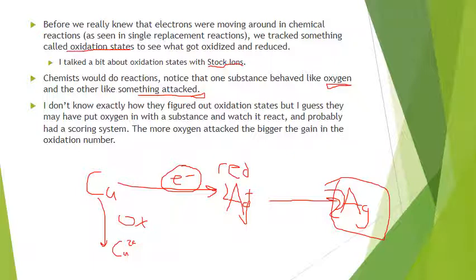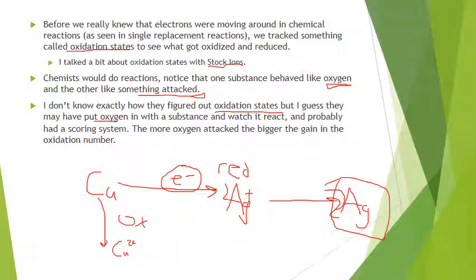I don't know exactly how we came up with oxidation states, but my guess is that they probably took oxygen and added it to a substance and watched it react. And then they probably had scoring systems. So they put oxygen with many different elements, and they saw how those elements react with oxygen. Then they had a scoring system.